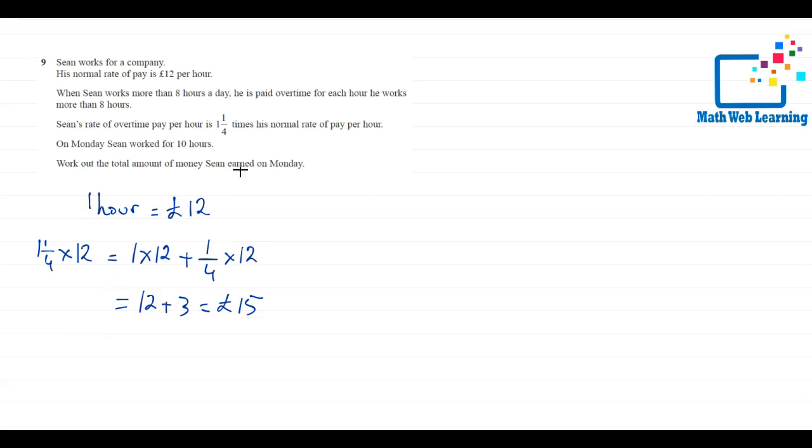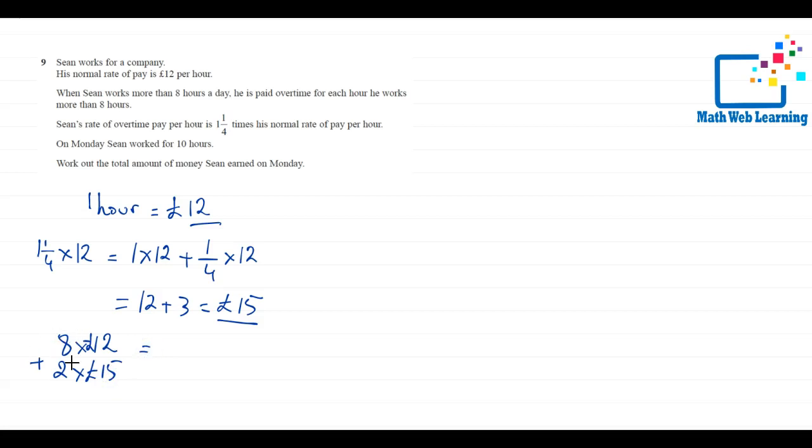Now on Monday he did 10 hours. So he gets 8 hours at this rate, £12. Let's write it down here. Plus 2 hours at this rate here. So that is for the normal hours, normal rate. This is the overtime rate, so times 15.